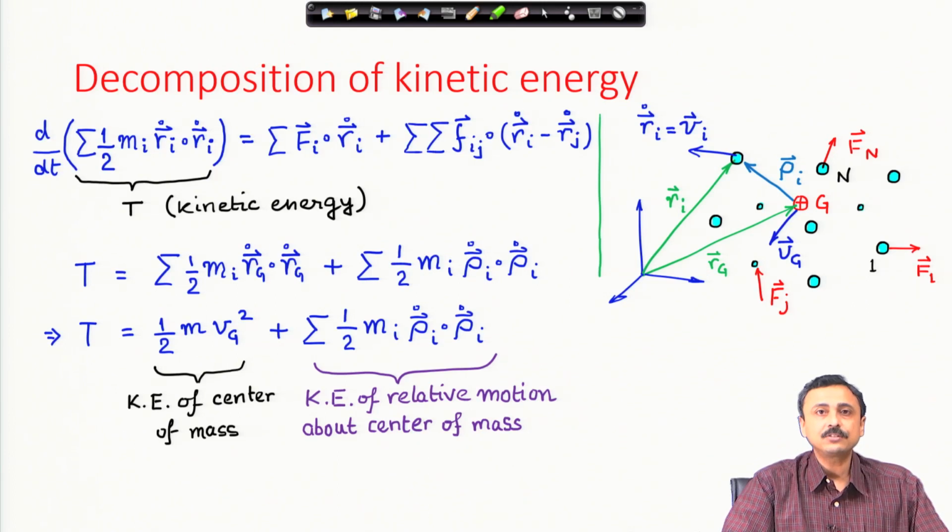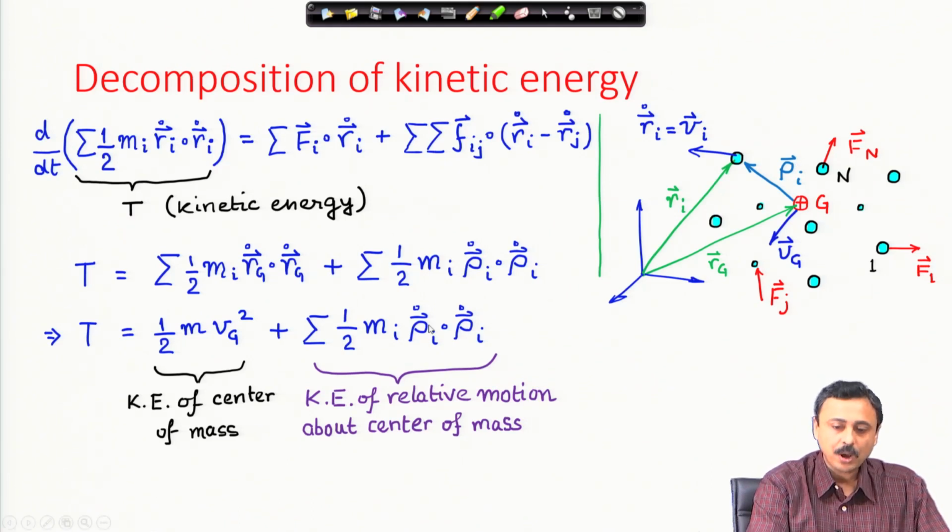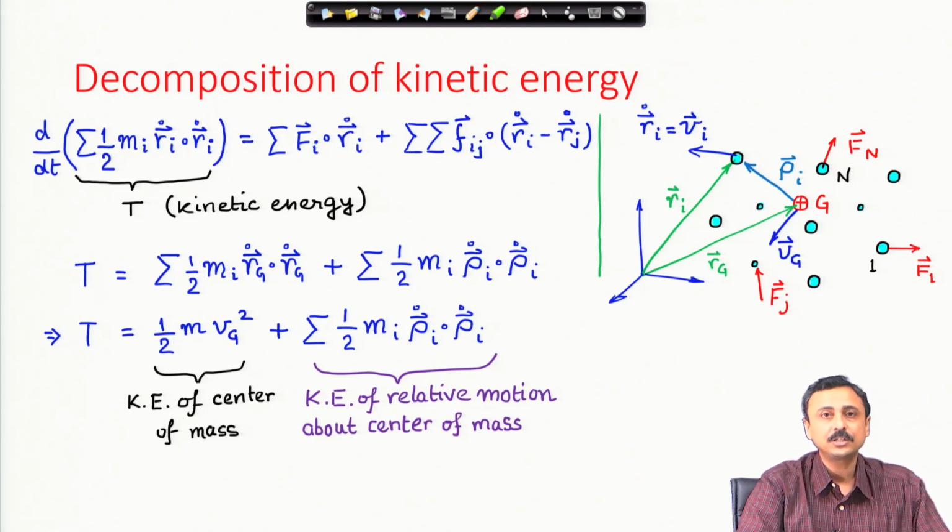Therefore, the total kinetic energy of the system is composed of two parts: the kinetic energy of all the mass concentrated at the center of mass and its motion, plus the kinetic energy of all particles moving about the center of mass. This velocity rho I dot is the relative velocity that you should note. Rho I dot is the relative velocity of a particle with respect to the center of mass.